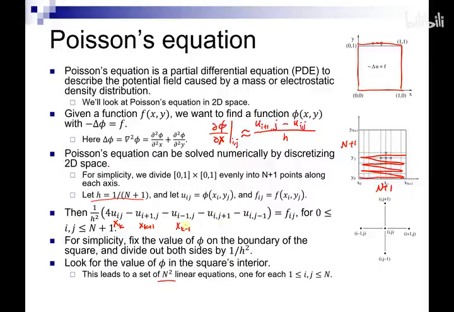So instead of just being x of k plus 1, this is actually x of k plus the next row. Each row has n elements, so this is the next element in the next row. And this is the element in the previous row, x of k minus n.